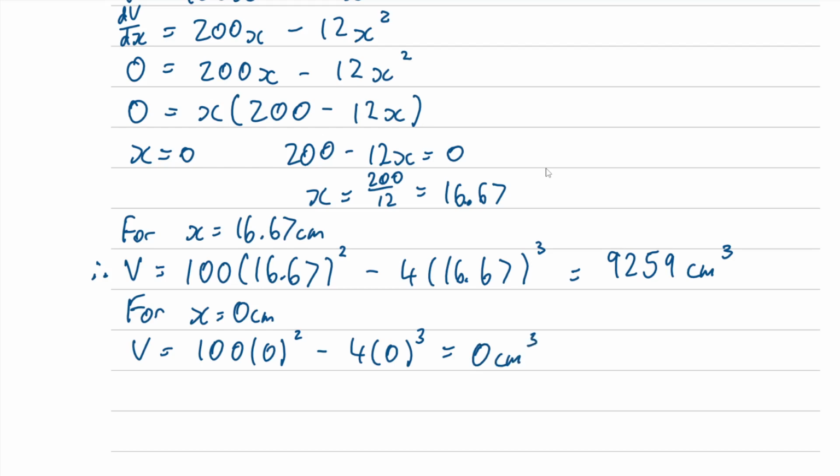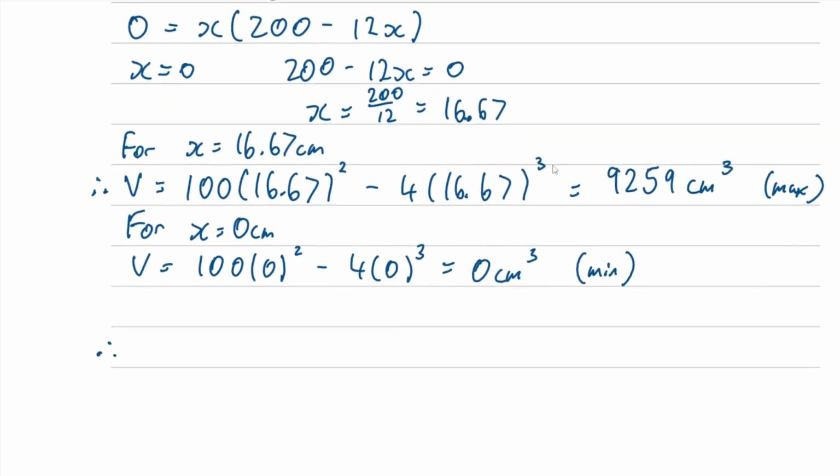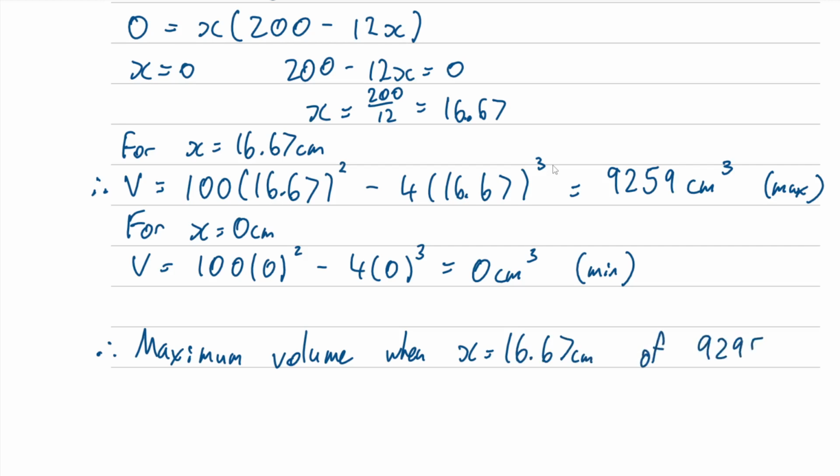So that's clearly the minimum. And we've shown this by testing both x values for both turning points. So therefore, the maximum volume when x equals 16.67 centimeters is 9,259 centimeters cubed.